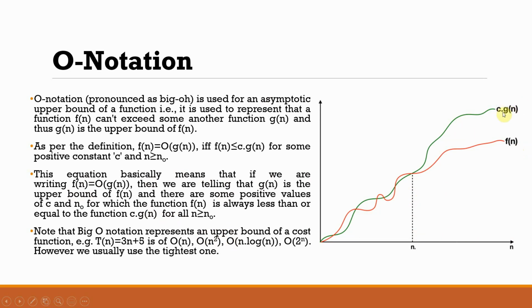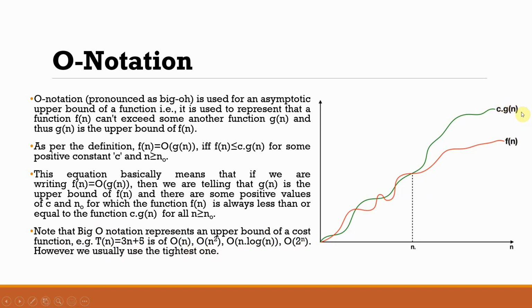We usually want to find the tightest function, the smallest function that would dominate f of n, right? Let's say f of n, or t of n, where t is short for time, is 3n plus 5. All of these functions, n squared, n log n, 2 to the power n, can be g of n.